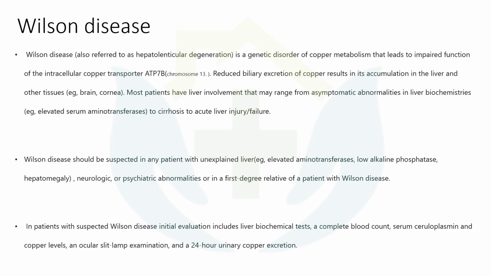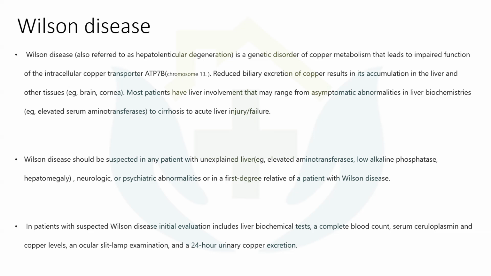So what happens here? There is an impaired function of the intracellular copper transporter, ATP7B. There is a copper transporter in the hepatocyte, mostly in the hepatocyte, though some other cells also have it. Inside the cell there is a copper transporter called the ATP7B transporter protein.